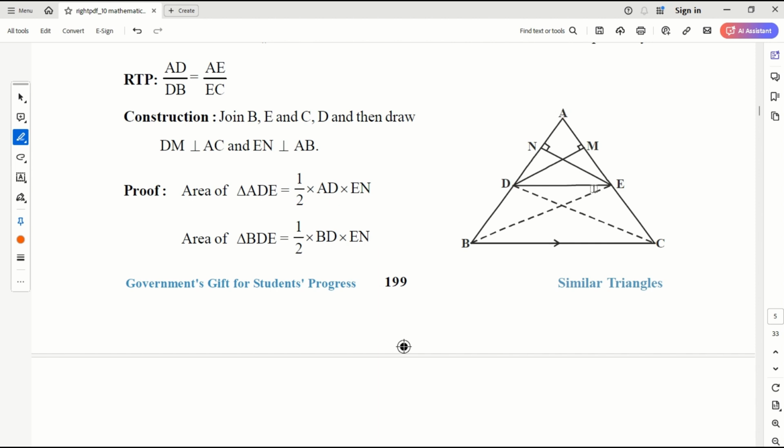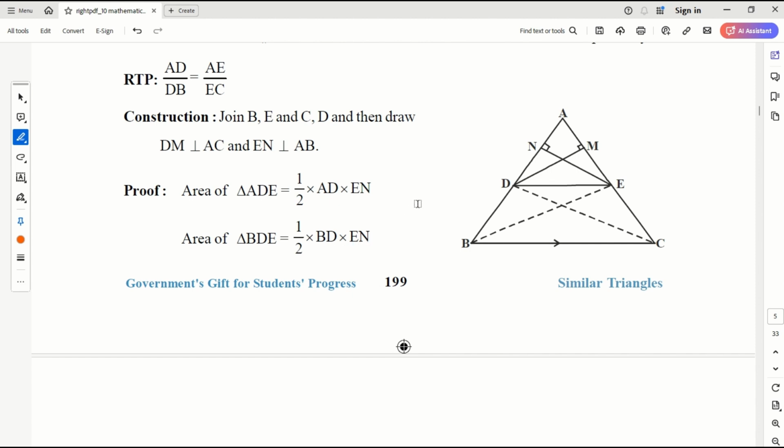I am taking AD as the base, so EN is the height: half into AD into EN. Similarly for triangle BDE, the base is BD and the height is EN only, correct? So the area of triangle BDE is half into BD into EN.